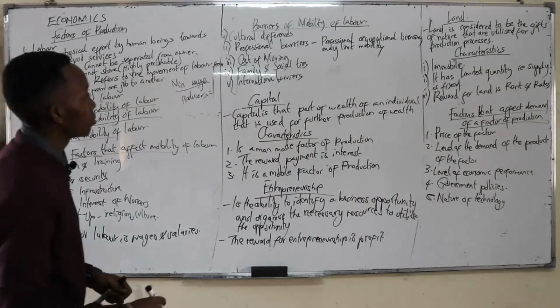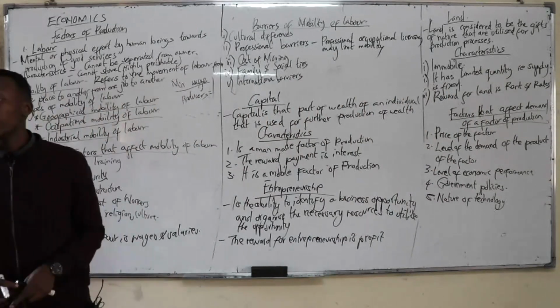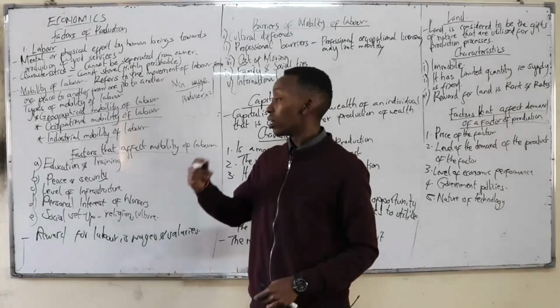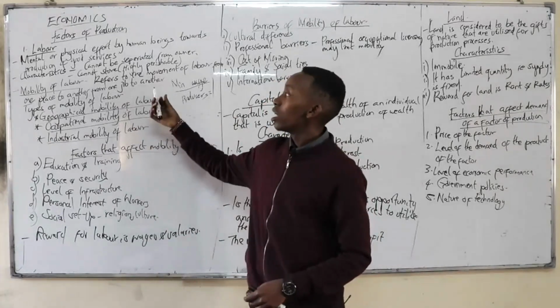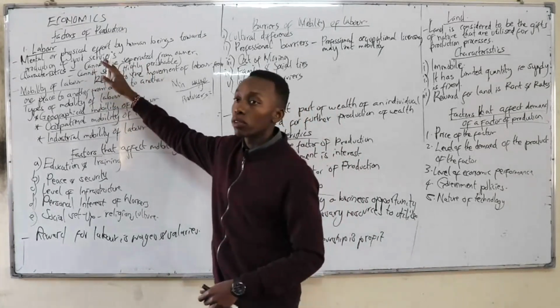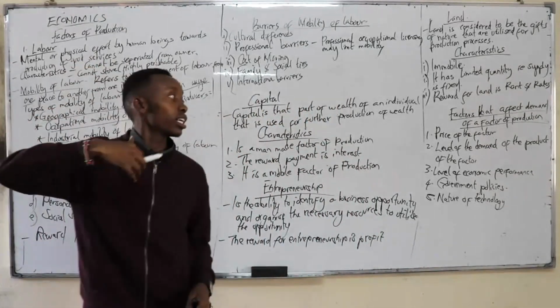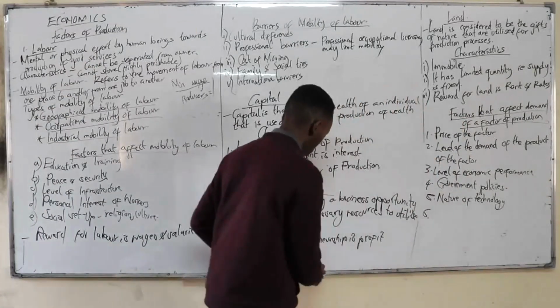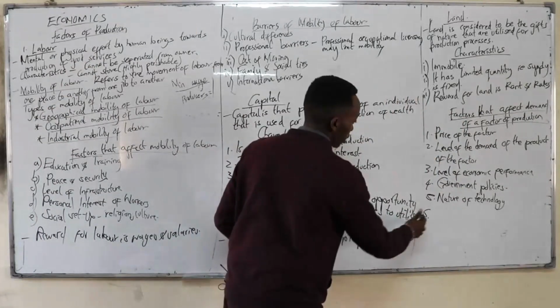And then, for example, if an individual has high skill in a specific area and we need that person, then the level of skill dictates the demand for such labor. If you are specialized in a certain area, that may affect the demand of that aspect of labor.